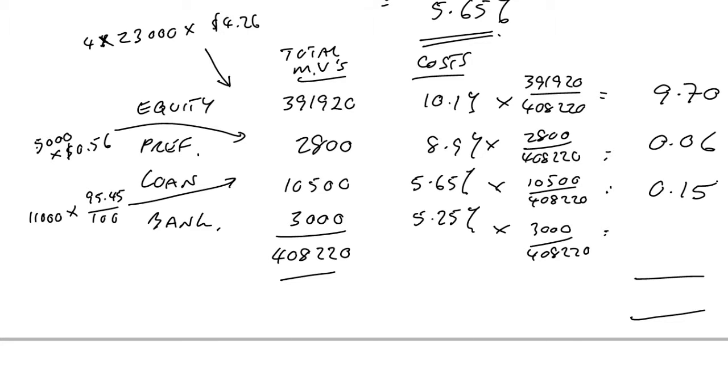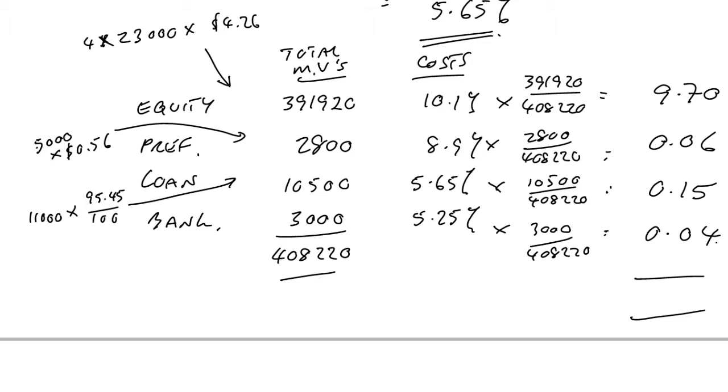And the last one, 3,000 divided by 408,220 times 5.25. 0.04.